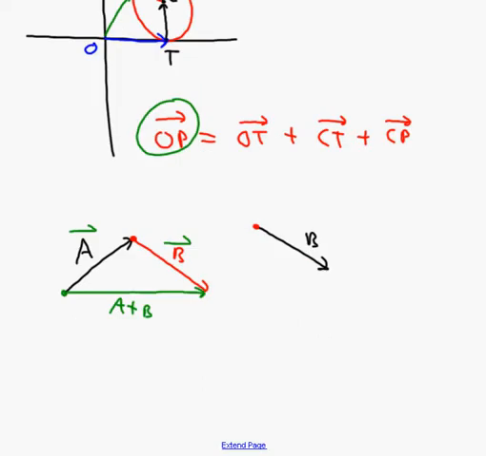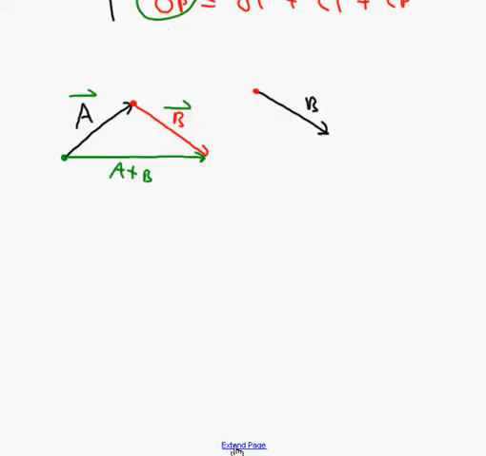Okay, there's another method you may have learned about in your physics class, right? Making a parallelogram? Maybe. I don't know. So for example, if you're going to add vector A, and then you're going to add vector B over here. Okay, what did you do?